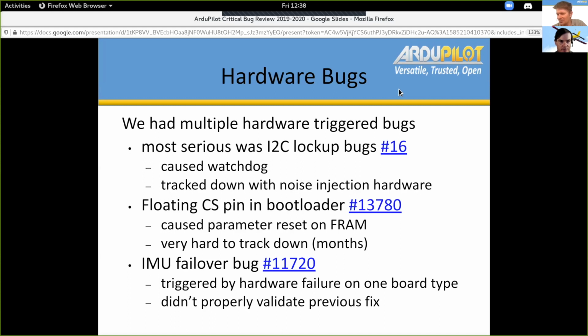It's something you want to know you're doing, but you don't always have a piece of faulty hardware you can fly. So we're adding things to the code where you can fail bits of the software, so you can do that for IMUs, and we can do that for GPS, for example.